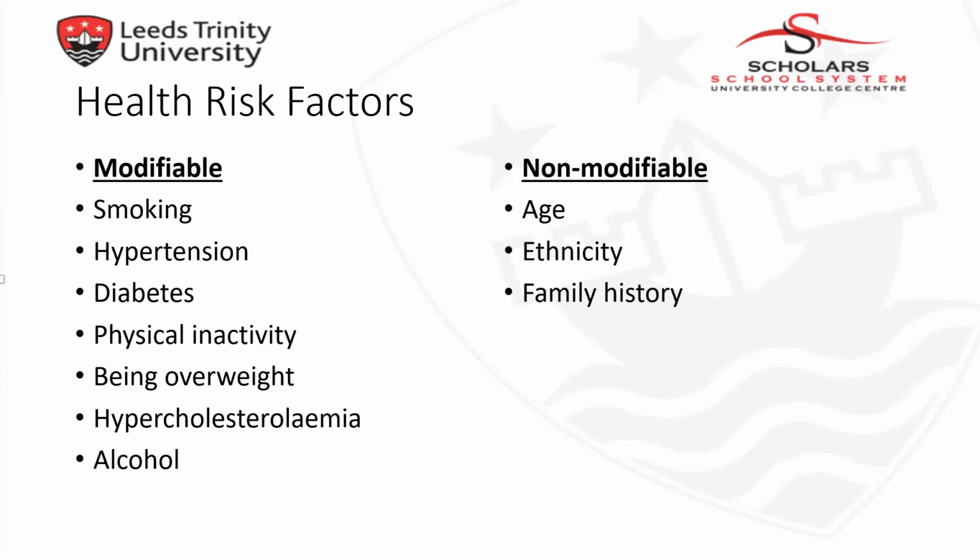So these are non-modifiable factors that also influence our health behavior, and the modifiable ones also influence our health behaviors. But for modifiable behaviors, we can change them in positive ways so that our health is not affected in a negative way.